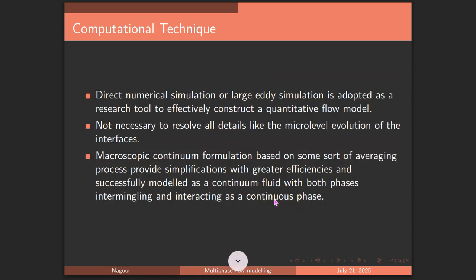So how do we develop those mathematical models? From the foundation concept of governing equations of single phase flow, like conservation of mass, momentum, and energy, we may make use of a macroscopic averaging process, which we will be detailing, like what we did in continuum mechanics, an averaging technique.